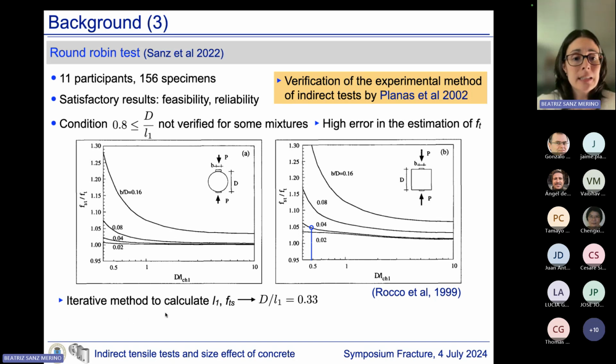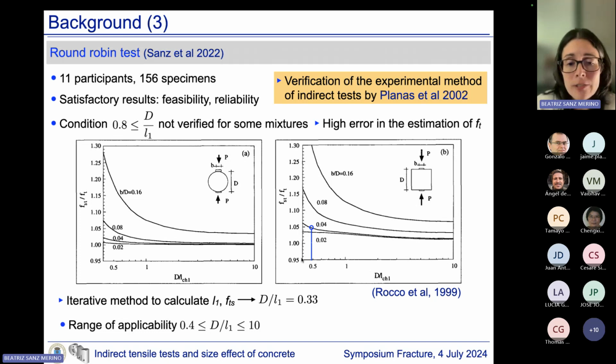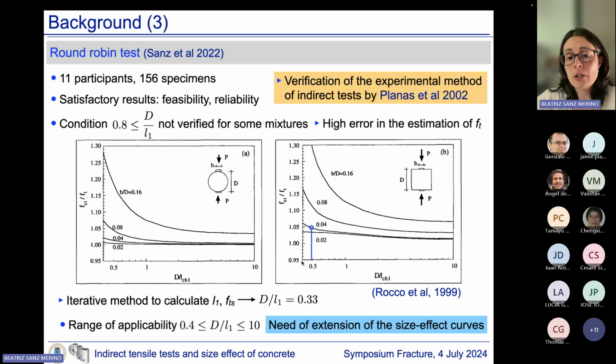So we did that, and the final ratio with the improved values of L1 and ft was 0.33, which unfortunately is out of the range of applicability of these iterative methods, because Rocco only included ratios up to 0.4 because they were the normal values for the concrete mixtures available in the 90s. So here comes the need of extension of the size effect curves.